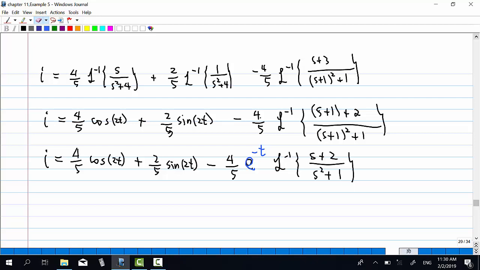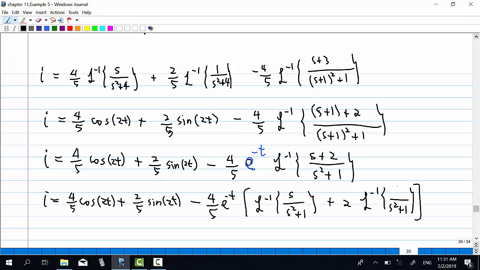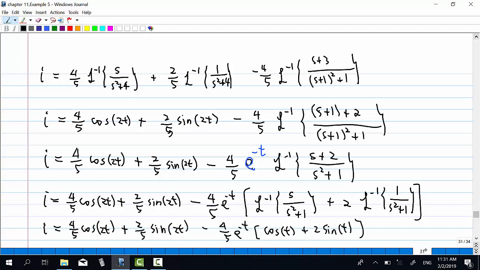Then you split the numerator and take the inverse Laplace transform, which will be equal to cosine t plus 2 sine t.